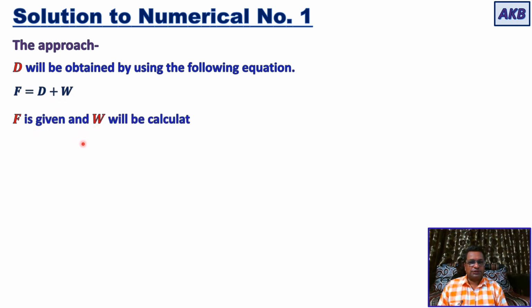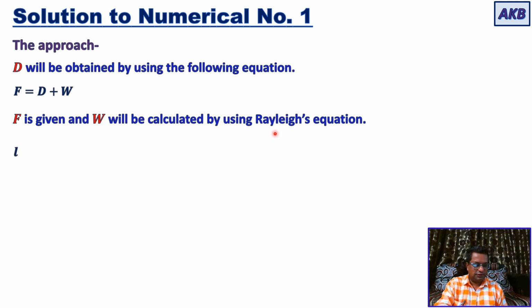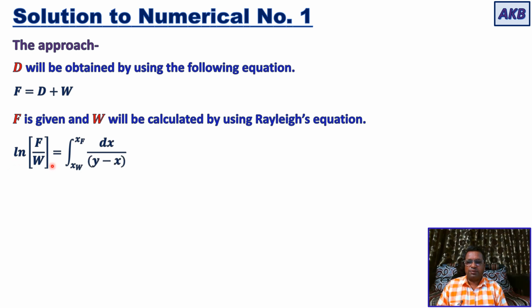F is given to us, it is 120 moles, and W we need to calculate, and W we are going to calculate by using Rayleigh's equation, which we already know. What is the equation? The equation is ln of F by W, that is equal to integration of dx upon y minus x from xw to xf.